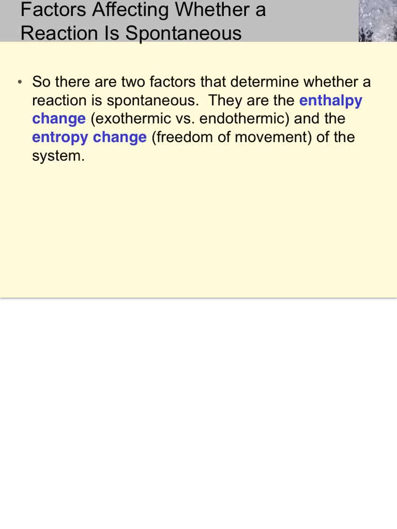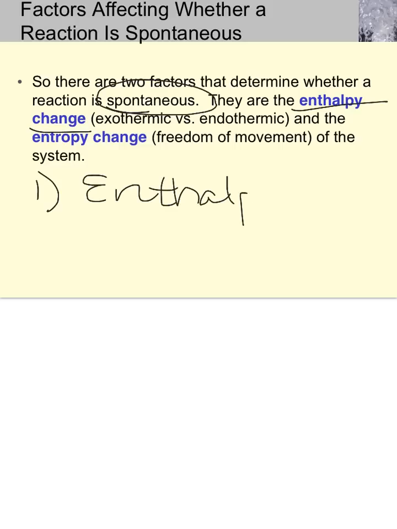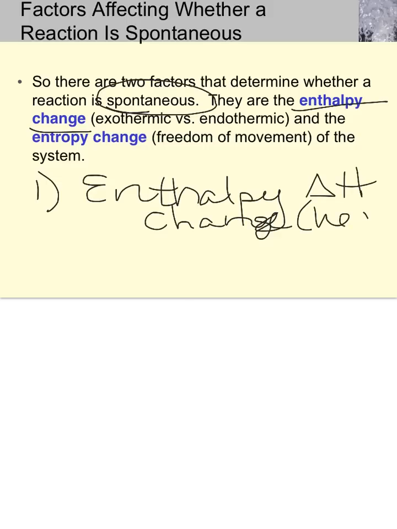To summarize what we've learned in this introductory lecture to Chapter 17, Thermodynamics, we have talked mainly about spontaneity. We have learned that there are two factors involved in spontaneity. They are the enthalpy of a process, and let me just remind you that enthalpy, and we'll talk more in detail about it in the next lecture, is represented by the symbol delta H, so enthalpy change, and that has to do with heat changes, exothermic and endothermic.